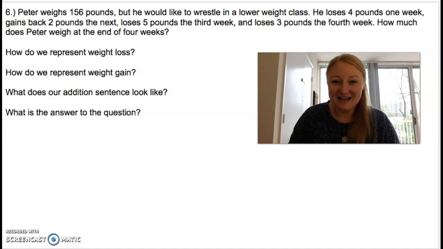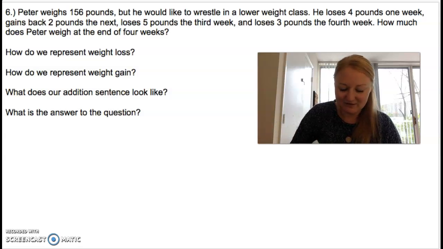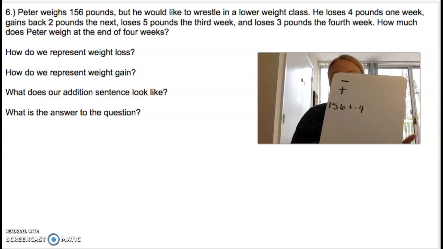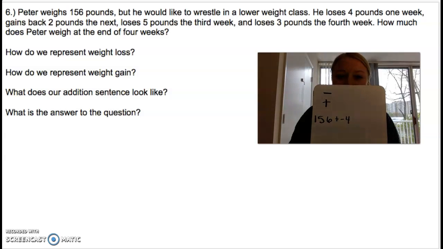And then it says he loses 4 pounds one week. But I need to make this an addition sentence. So instead of saying 156 minus 4, I'm going to do 156. I'm going to make my writing a little smaller. 156 plus -4. That's how I'm starting.